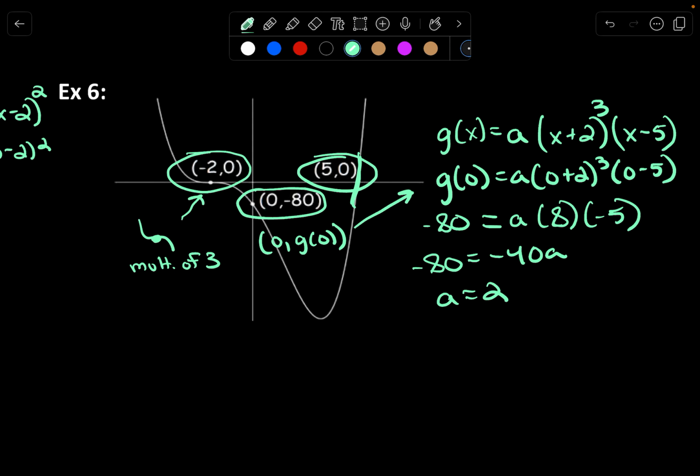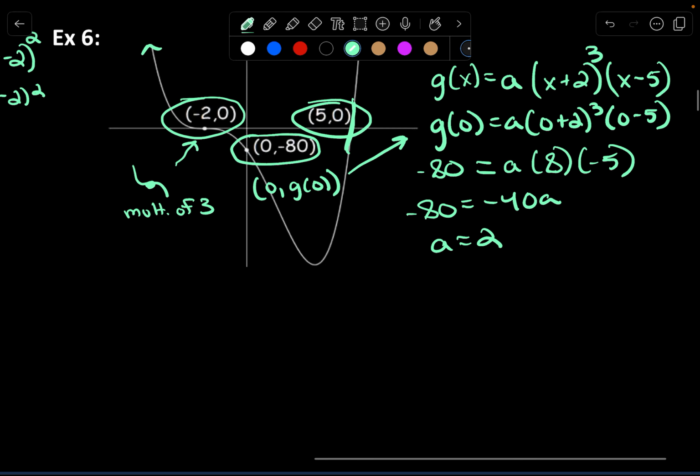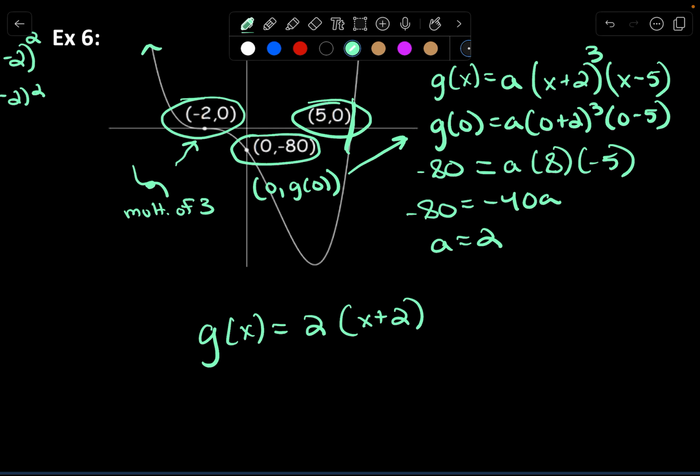And I'm okay with this because this is an even function. The degree is going to be 4, and both of the ends are going up, which means the leading coefficient should be positive. So we have g of x is equal to 2 times x plus 2 cubed times x minus 5. And that's our function.